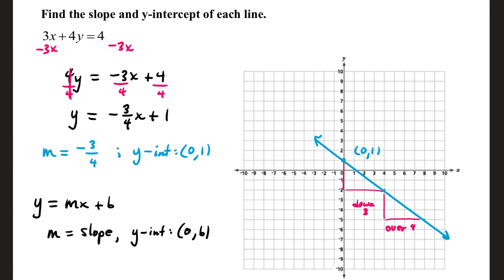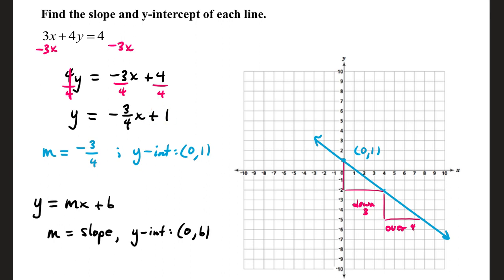So at this stage, we have 4y equals -3x plus 4. To get y totally by itself, divide all your terms by 4. 4 over 4 is 1, so we have y equals, if your fraction doesn't reduce, don't force it, -3/4 x, plus 4 over 4 is 1. Now we have it in slope-intercept form, specifically a slope of -3/4 and a y-intercept at (0, 1).